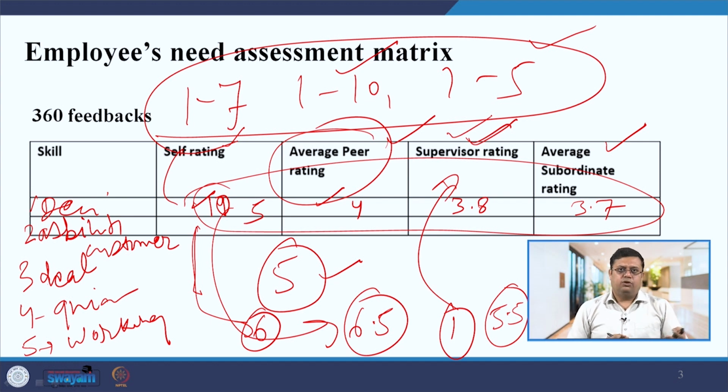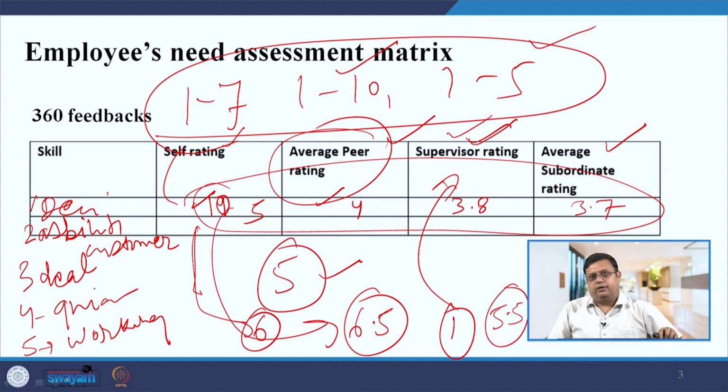But in this case, what do you have to do? You have to make a list of the skills for which you want to develop the employee. And second thing, you can make this list department wise also, what kind of skill level you want to develop in a department also. So, these skills are there, rating is there. So, this rating will tell you the actual status of the skill set.